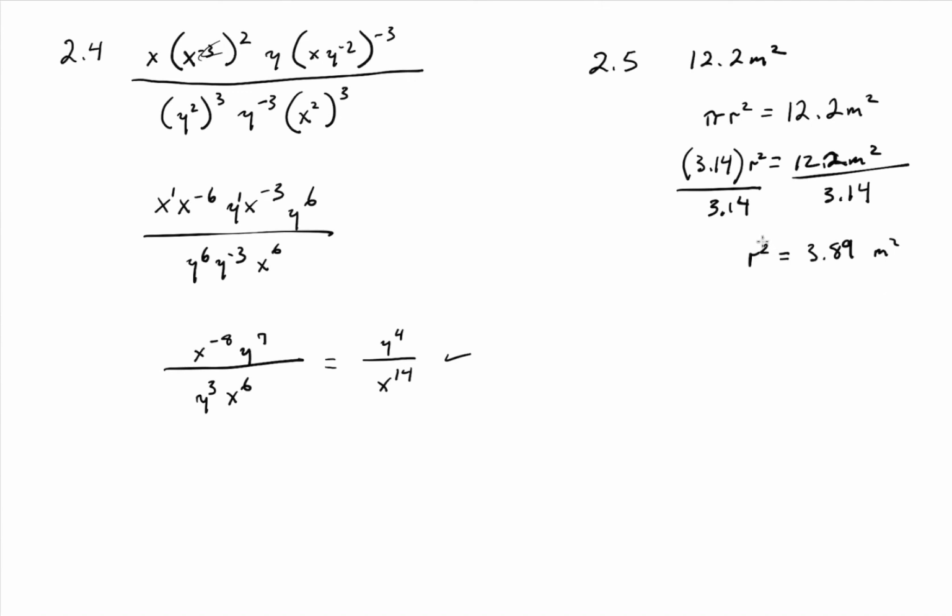All right, so this is squared. So how do we unsquare this? We use a radical symbol. So r would equal the square root of 3.89 meters squared, right? We go all the way across there. So we can do that on the calculator too.